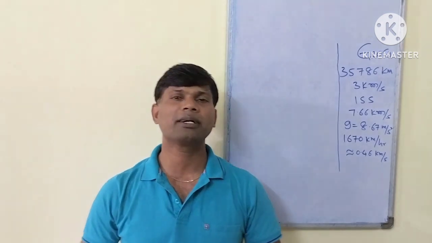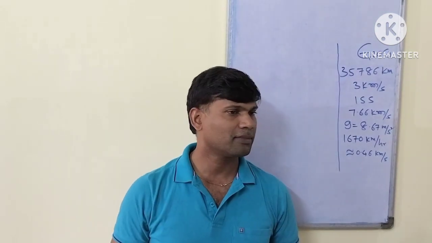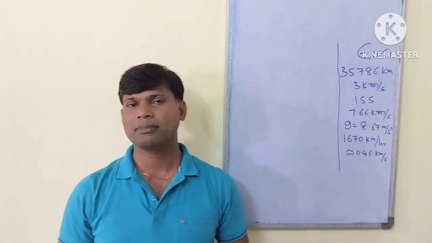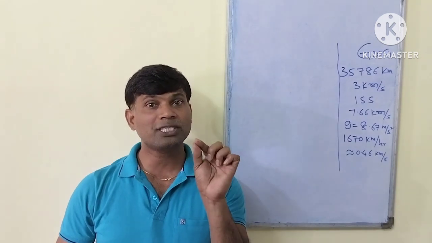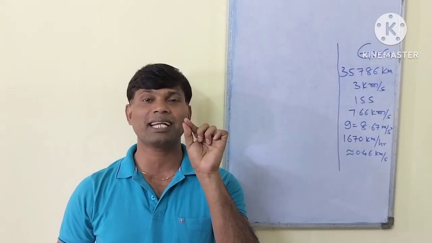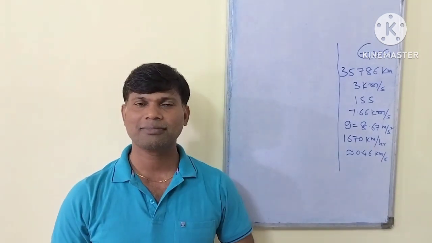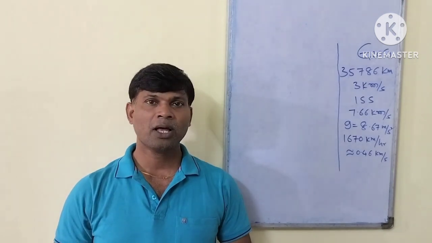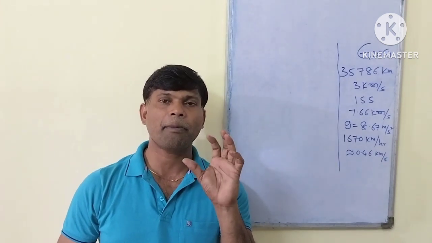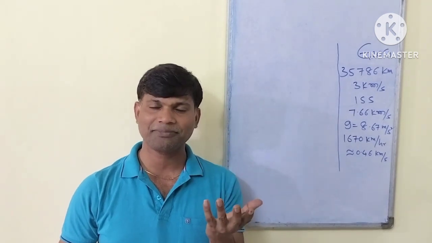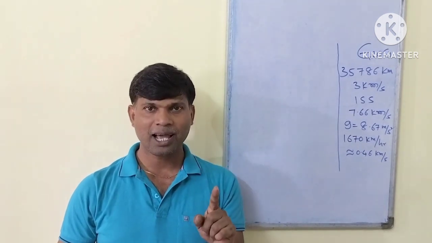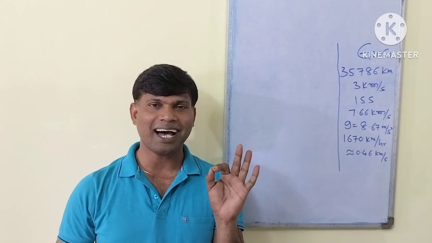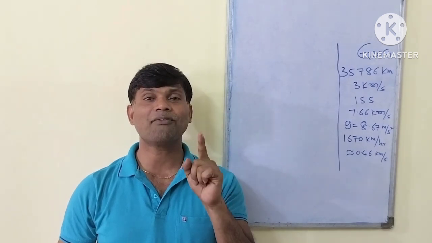What is this force doing? The force is changing the direction of the object. The force can change the magnitude of the velocity, or the force can change the direction of velocity.